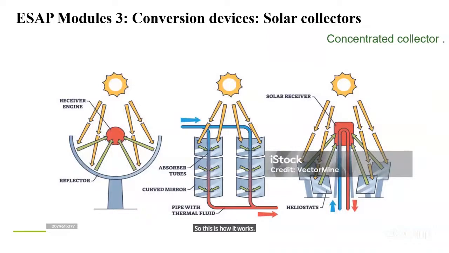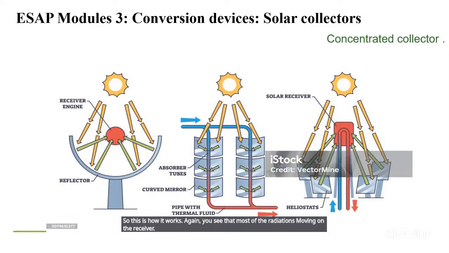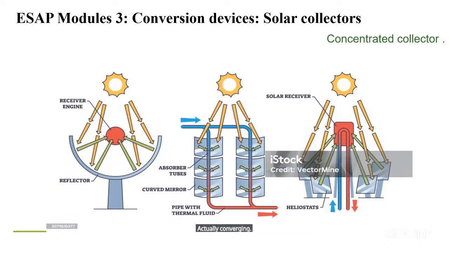Again, you see that most of the radiation moving onto the receiver is converging on this particular focal point, and that's where the objects which need the heat are placed.